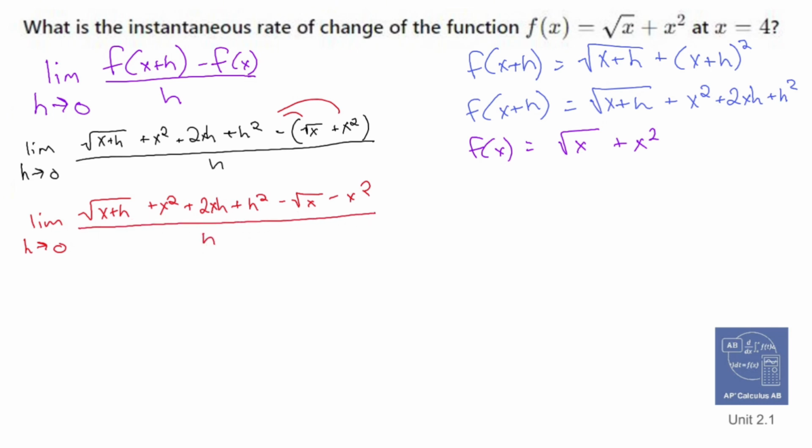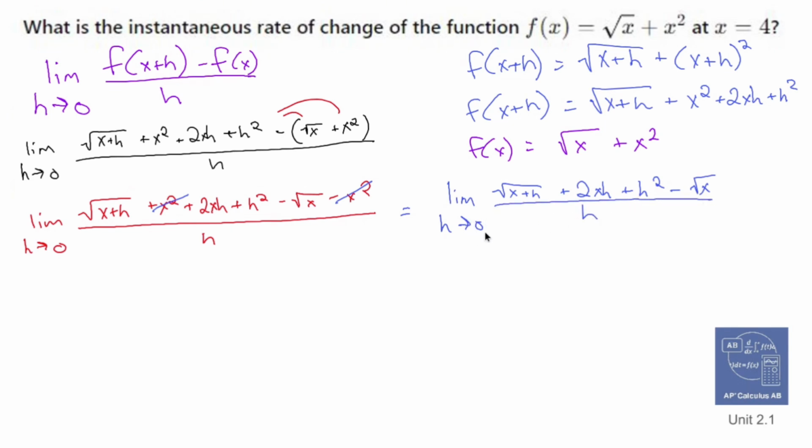Now, nothing special has happened yet, except that the x squared terms will disappear. So that leaves me with the limit as h approaches 0 of the square root of x plus h plus 2xh plus h squared minus root x all over h.